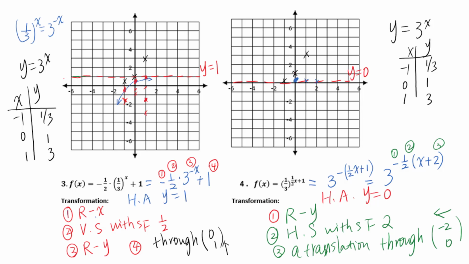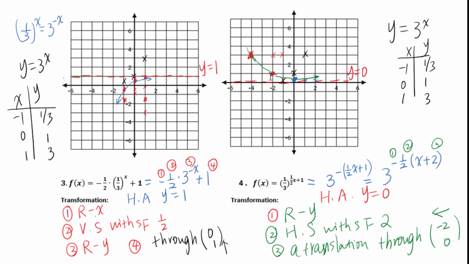Translation through (-2, 0). Move to the left 2 units, it is here. Then go to this one. Reflect across the y-axis here. Horizontal stretch with the scale factor 2. Double the distance from the y-axis, go here. Then move to the left 2 units, 1, 2, it's here. Then we need to connect these 3 points. This is the graph for number 4.